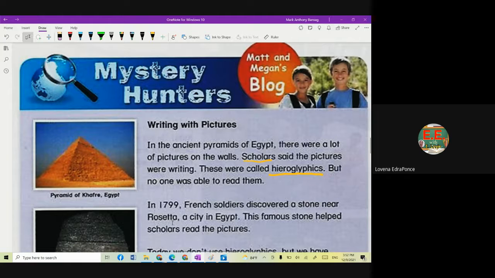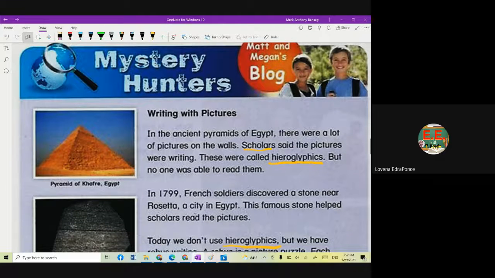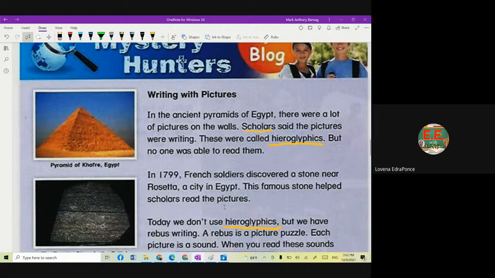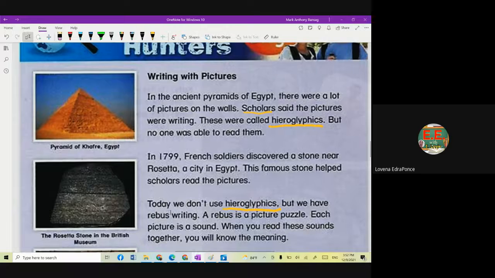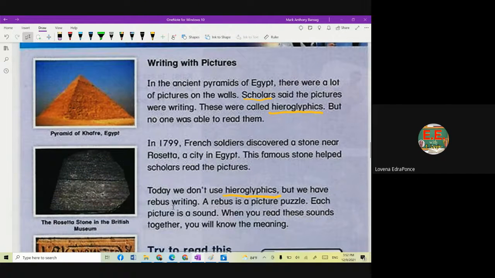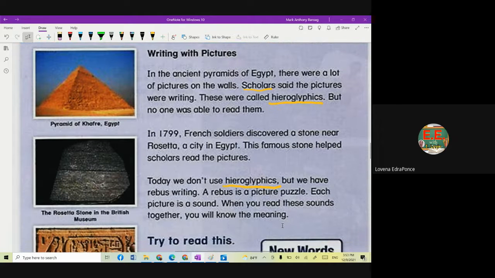In 1799, French soldiers discovered a stone near Rosetta, a city in Egypt. This famous stone helped scholars read the pictures. Today, we don't use hieroglyphics, but we have rebus writing. A rebus is a picture puzzle. Each picture is a sound. When you read these sounds together, you will know the meaning.